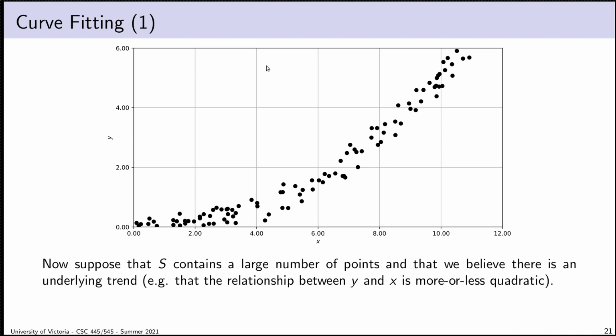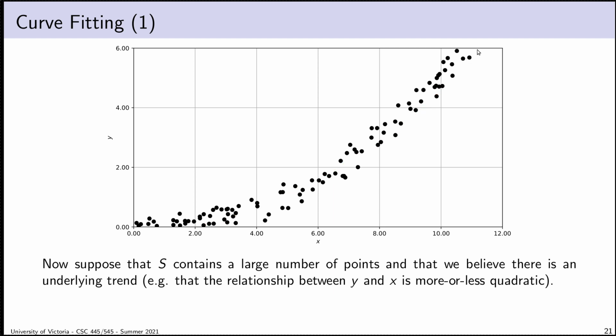Also suppose, and I'm going to treat this for this lecture as a given, that you have already told me that you believe the underlying relationship between x and y is broadly quadratic or cubic or something else. It has some characteristic. Maybe it's linear, maybe it's quadratic. You've already decided that there is a particular trend that you expect to see. You'd like to find a smooth quadratic function that models this noisy data set.